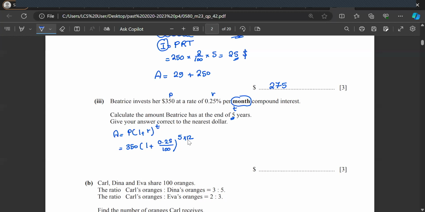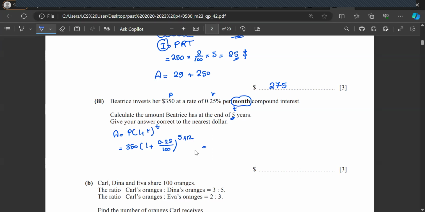Again, in 99% of questions, the rate is a percent per year, so I substitute with T equal 5 only. But here he said per month. If it is per month, so what am I going to do? Multiply the years by the number of months. So it will be 5 multiplied by 12.